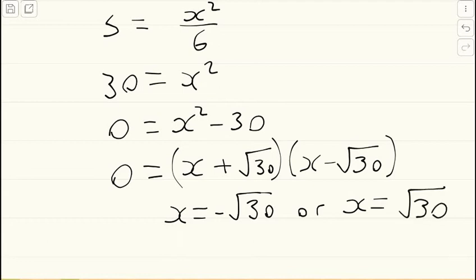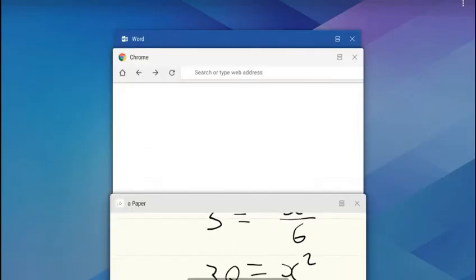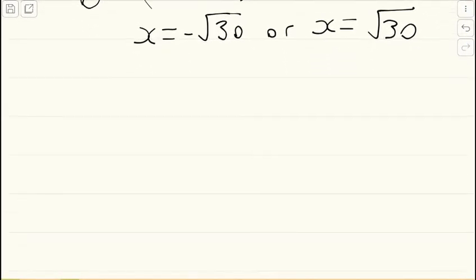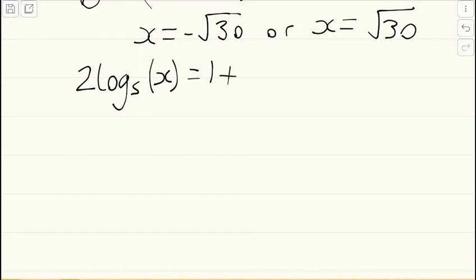Okay, now just to re-evaluate this answer, let me just write the original question. So the original question was 2 log to the base 5 of x equals 1 plus log to the base 5 of 6.